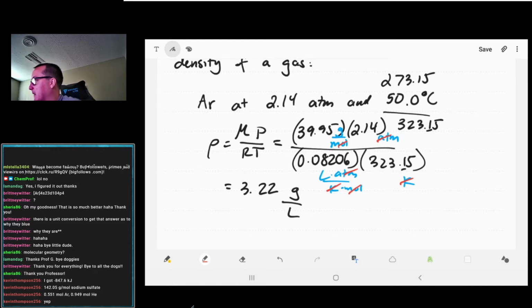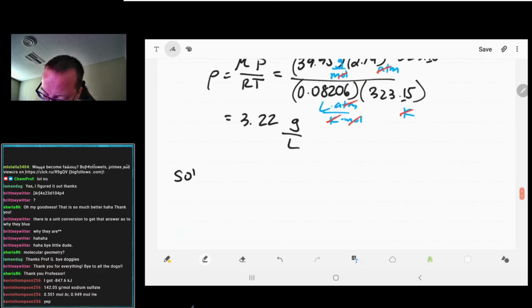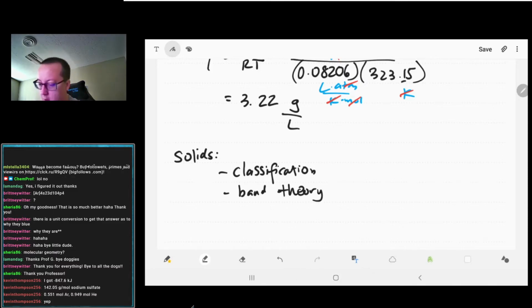We have done theoretical yield. Okay, so Kevin wants to do more solid stuff. All right, so really the solid stuff that we want to focus on, there's really two topics that we want to focus on with solids. So focus on classification and focus on band theory. So classification, remember that's types and then kind of forces that are holding them together.